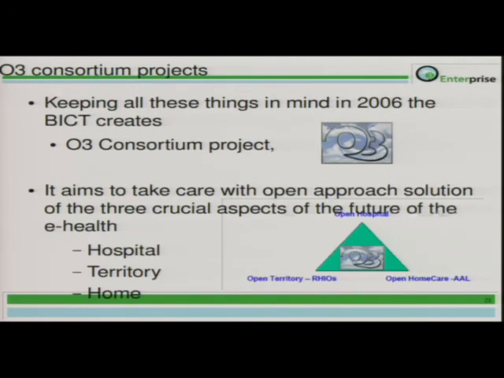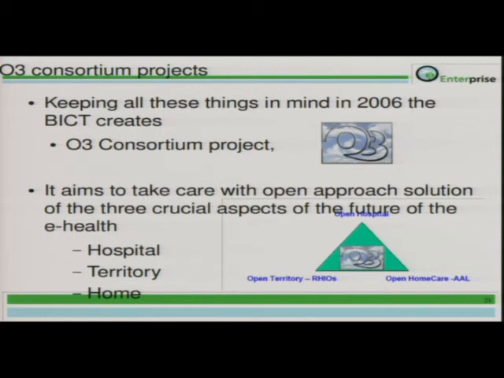So keeping all these things in mind, between 2004 and 2006 we created the O3 Consortium project. The O3 Consortium project aims to offer open solutions for the health market, covering the three aspects of e-health care: hospital, territory, and home.